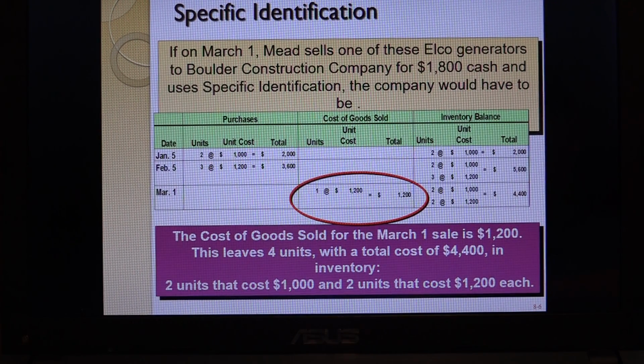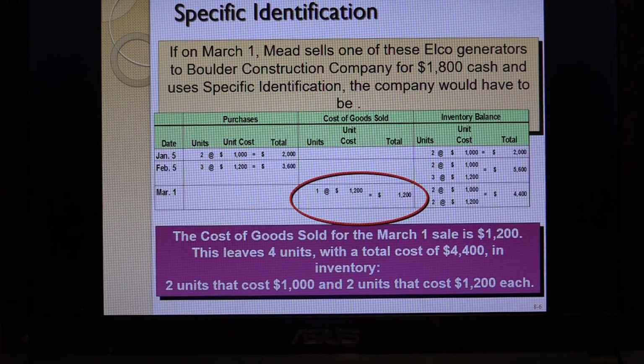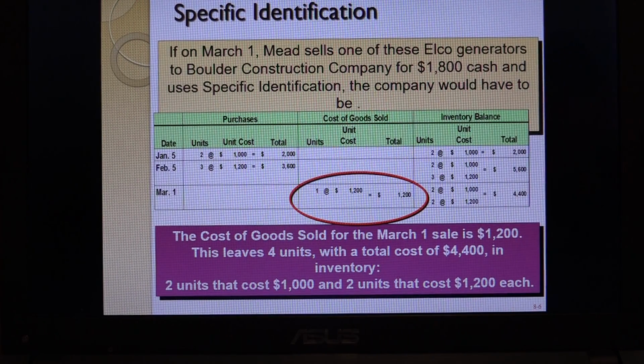All right, so specific identification. Here you're going, just like the name sounds, to specifically identify which items you sell. In this case, on March 1, this company, Mead, sells one of these Elko generators to Boulder Construction for $1,800 cash and uses specific identification. They have to determine which item they sold.